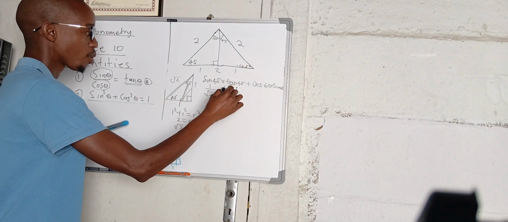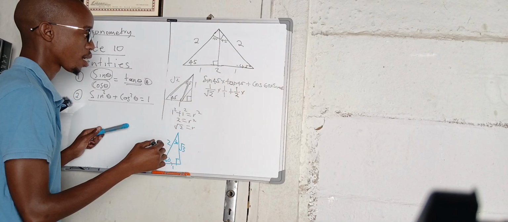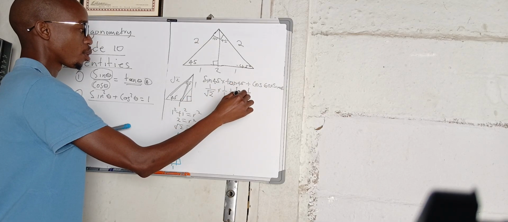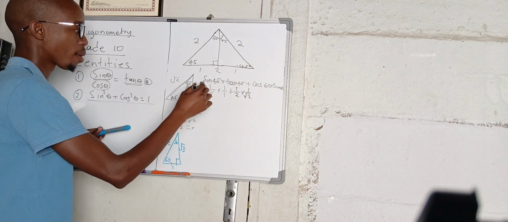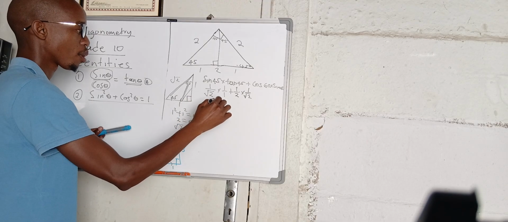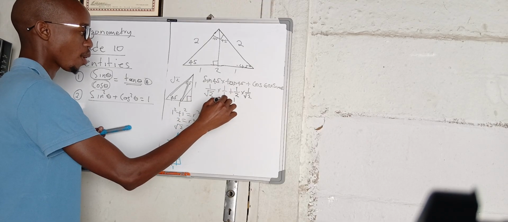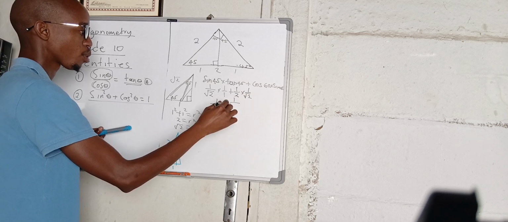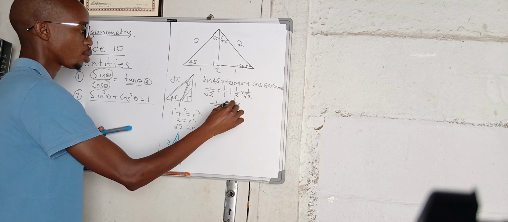So I'm going to have 1 over 2 multiply sine 45, already done here, which is 1 all over root 2. So 1 multiplied by 1 is 1. Root 2 multiplied by 1 is the same as root 2, plus 1 multiplied by 1 is 1. Root 2 multiplied by square root of 2. 2 multiplied by square root of 2 is going to give us 2 root 2.